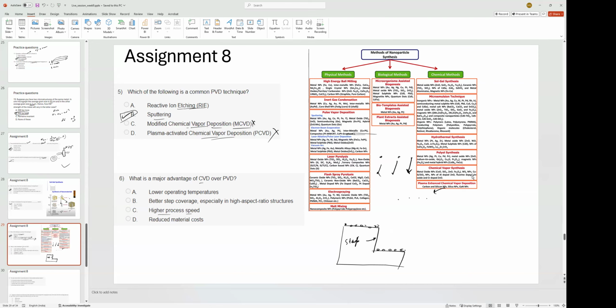Whereas in CVD, your gas molecules are present everywhere. They'll uniformly form nanoparticles all over the surface, because gas is present everywhere and the reaction will take place everywhere on the surface. CVD has better step coverage. Yes.